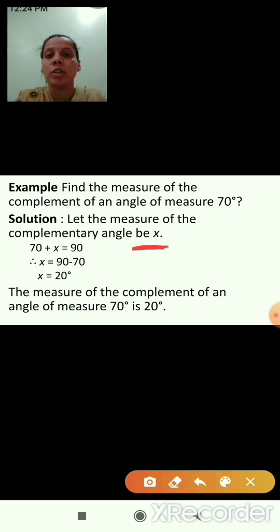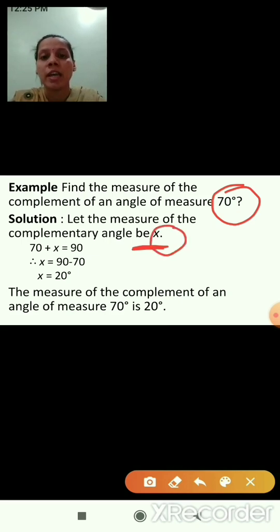The measure of the first angle which is given is 70 degrees, and the complement we consider is x. So 70 plus x is equal to 90 degrees, as you can see here in the first step.